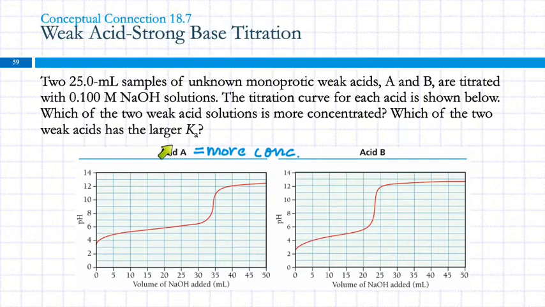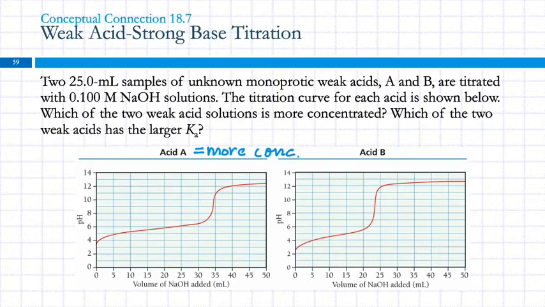Well, that's actually what it's asking us in the second part. Which one's stronger? Which one has a larger Ka? So the pH at the equivalence point is different. Here it looks like it's a little over 9, and here it looks like it's maybe under 9.